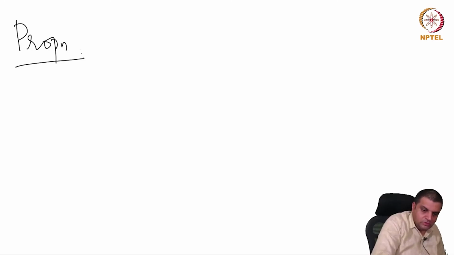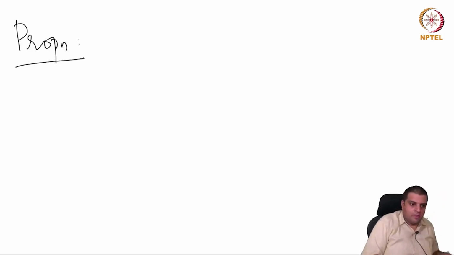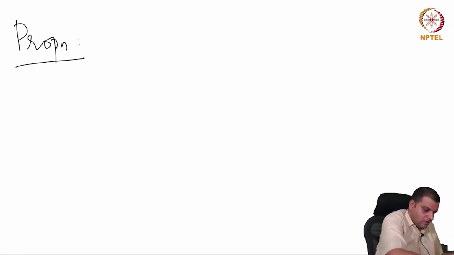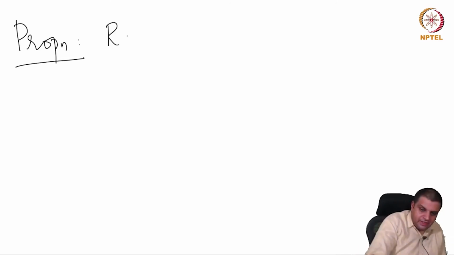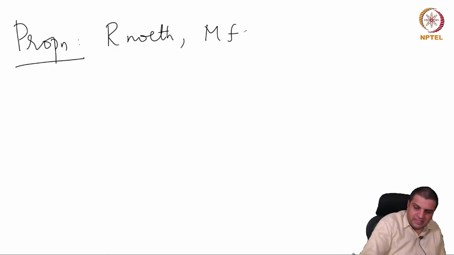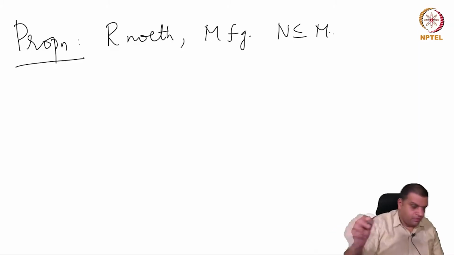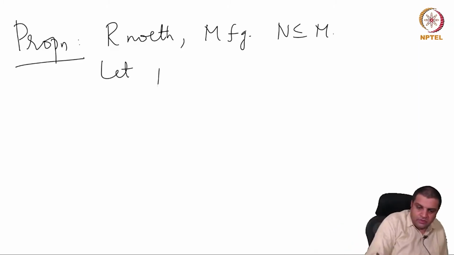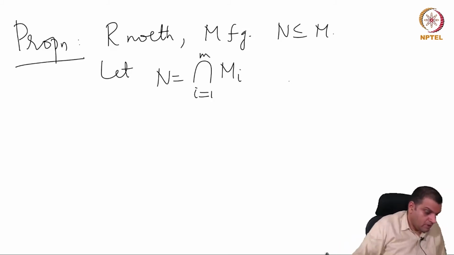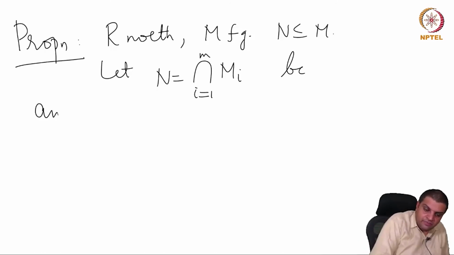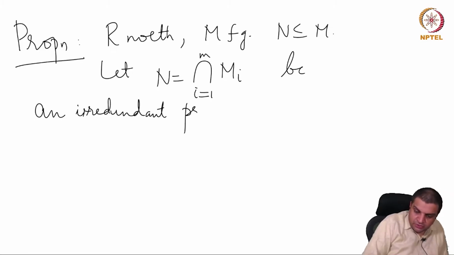Okay, so here is the proposition. R Noetherian, M finitely generated, n inside M. Let n equal the intersection of Mi, i equals 1 through some m, be an irredundant primary decomposition.